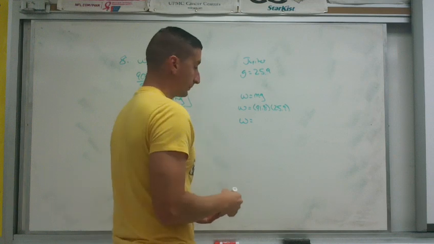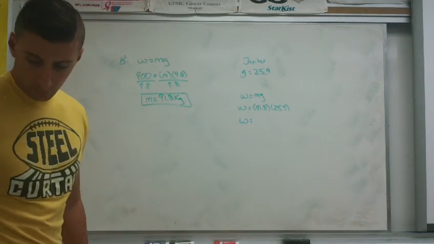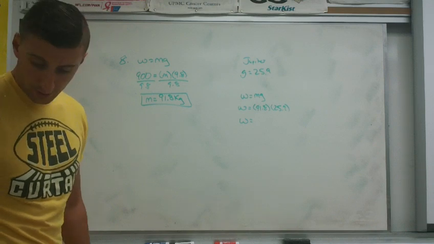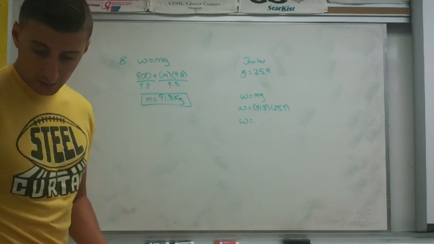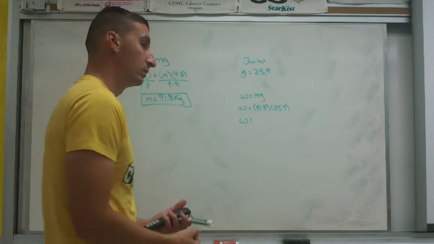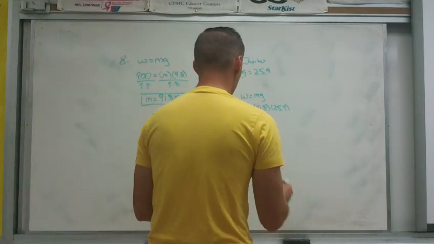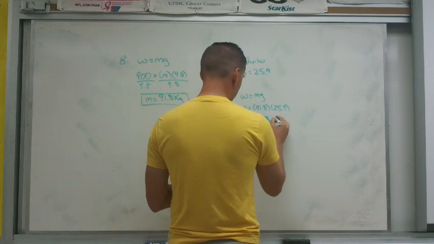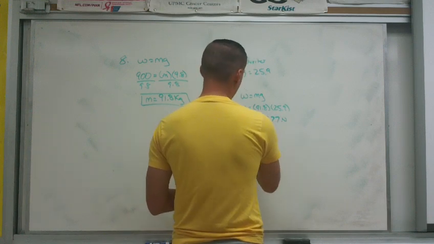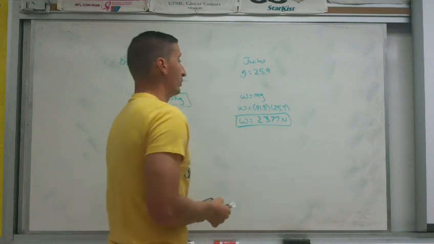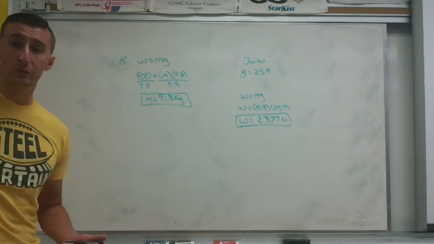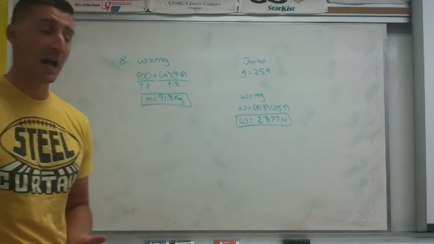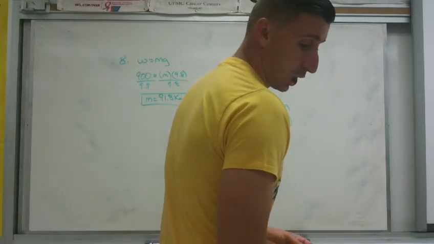Weight equals 91.8 times 25.9. I get 2,377 newtons. So he feels 2,377 newtons instead of feeling 900 newtons. Okay, way more gravity on Jupiter than there is on Earth.